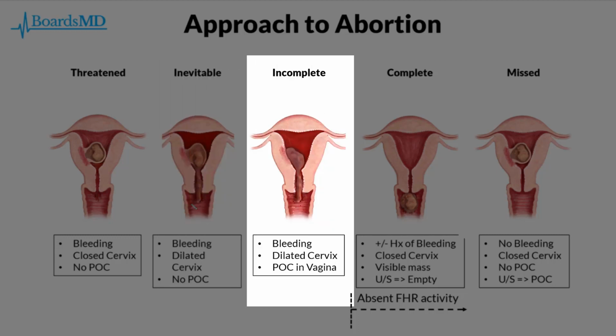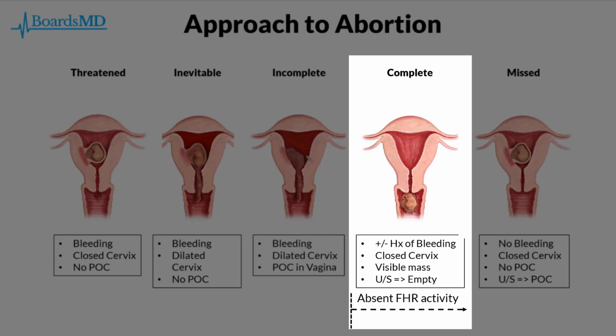In an incomplete abortion, we will see vaginal bleeding, a dilated cervix, and because this is an incomplete abortion, some products of conception will be in the vaginal canal, and some products of conception will still be remaining in the endometrial cavity. This is in contrast to a complete abortion in which the products of conception are no longer present in the endometrial cavity, and now these products of conception are in the vaginal canal, classically as a visible mass.